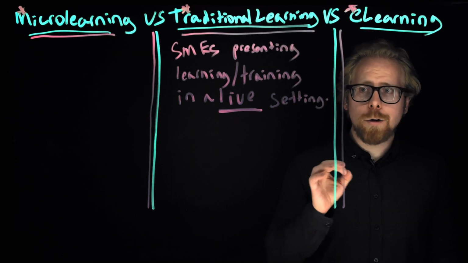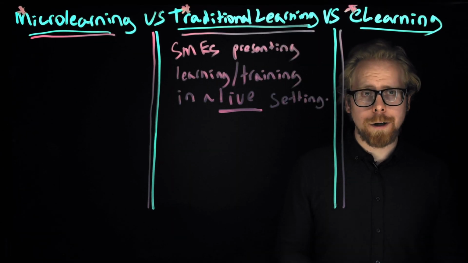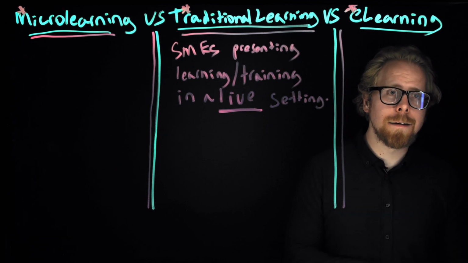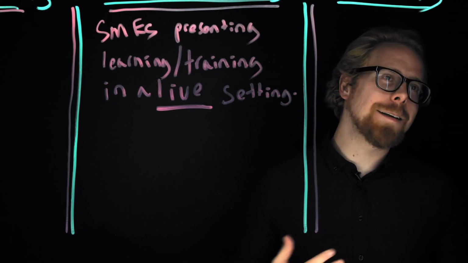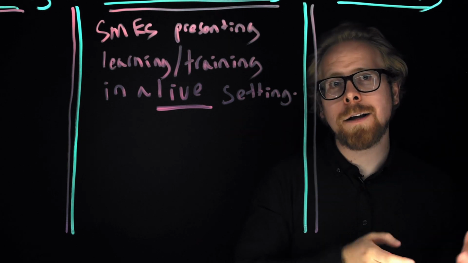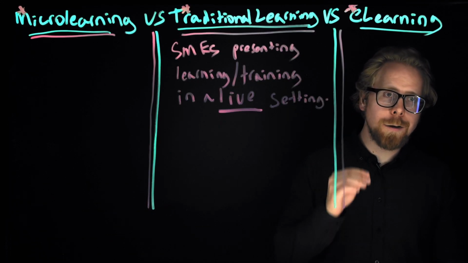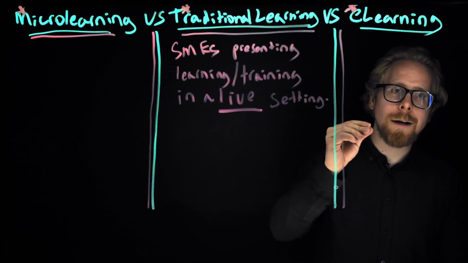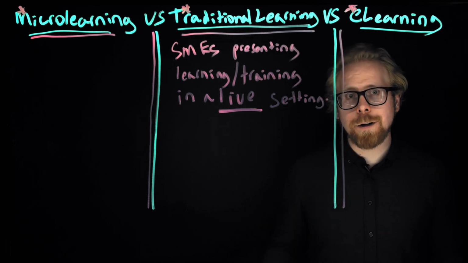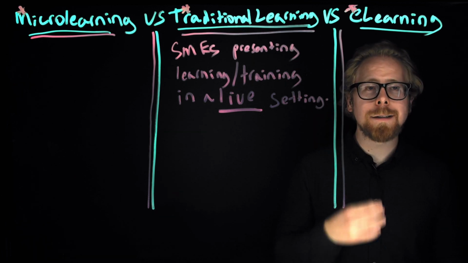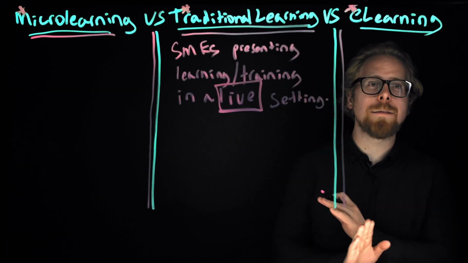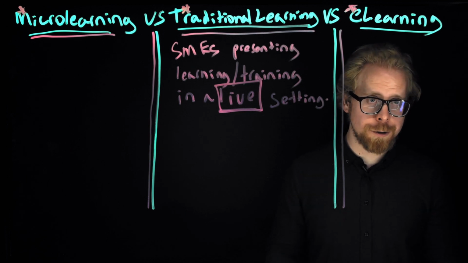That's traditional learning. E-learning is the presenting of learning in an online setting that isn't live. Now, you could technically say that when you're presenting a training that's live, but it's online, you could call that e-learning. But when we're really looking at it, e-learning is the electronic distribution of learning. And most of us out there want to create e-learning because it takes the live piece out of it so it can save your time so you don't have to be live with your learners.